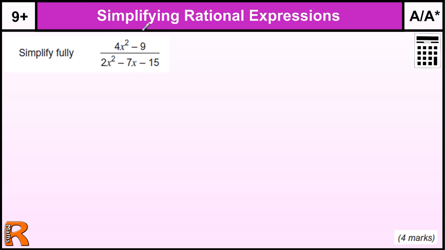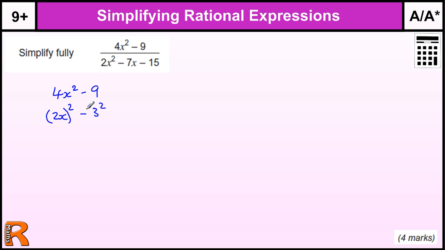Now the top part of this fraction, 4x squared minus 9, this question is also harbouring a difference of two squares, so this is another thing that's being examined here, which is not easy to spot. 4x squared is a square number. It's 2x times by 2x. 9 is 3 squared.